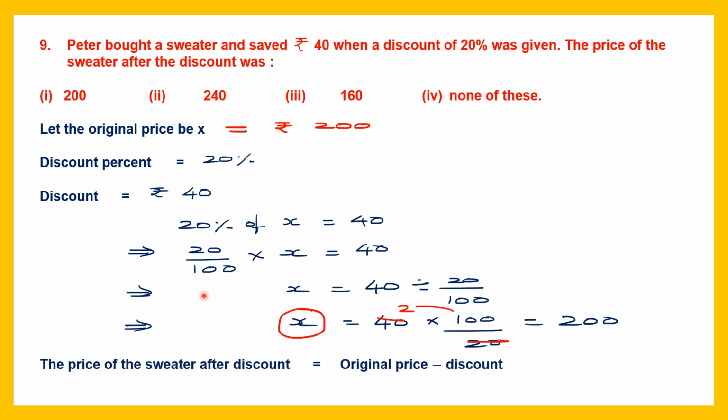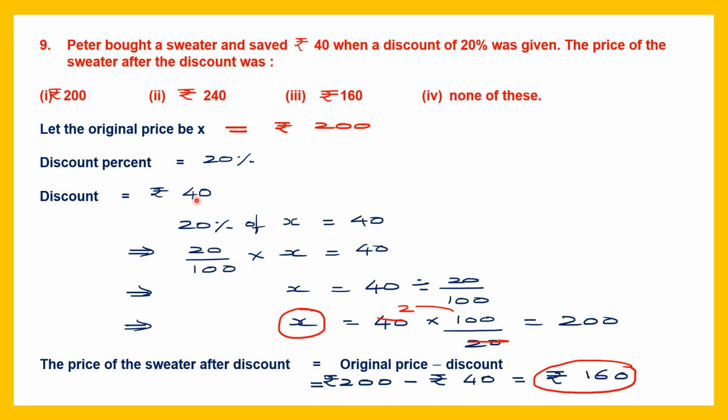So the price of the sweater after discount is original price minus discount. The original price we found out to be 200 rupees and the discount is 40 rupees, so 200 minus 40 is 160. So the price of the sweater after discount was 160 rupees.